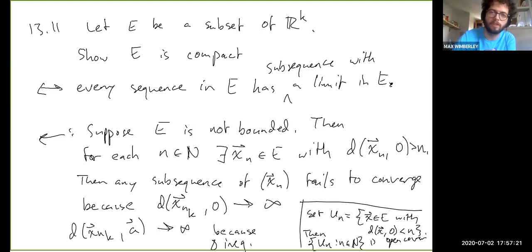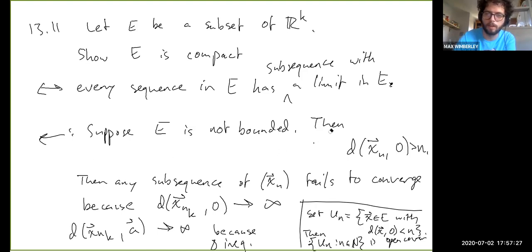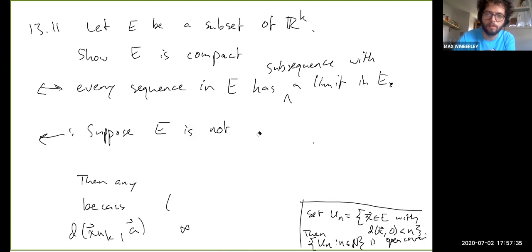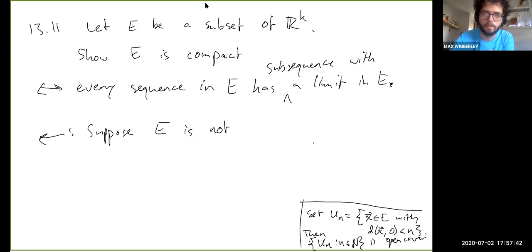But we also still have to say that if E is not closed, then there's a different argument to make. But that's just by 13.9, I think you can say. Let me just go through this quickly. Suppose E is not closed, right?